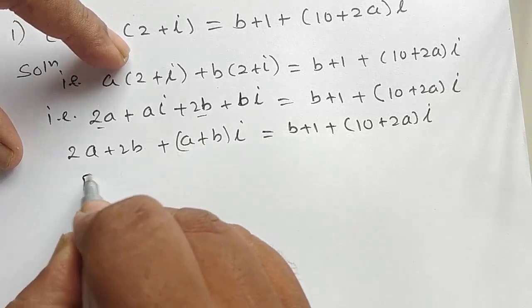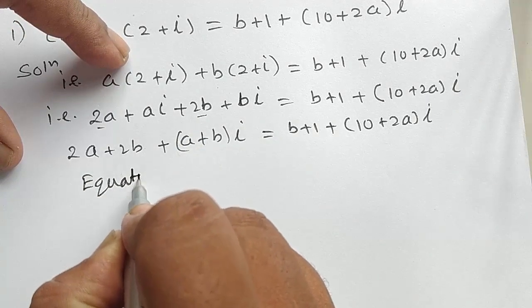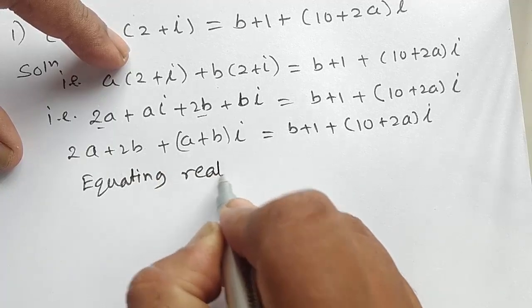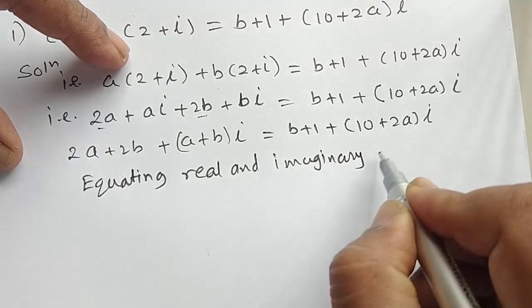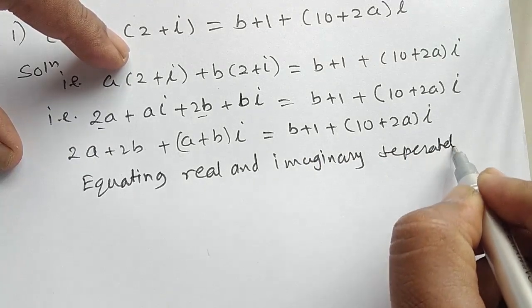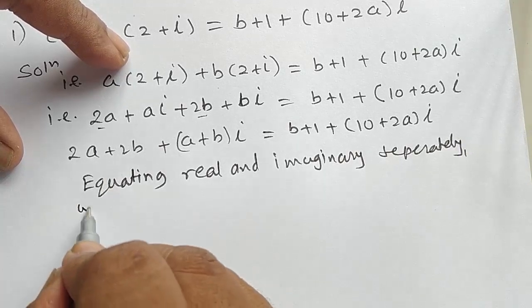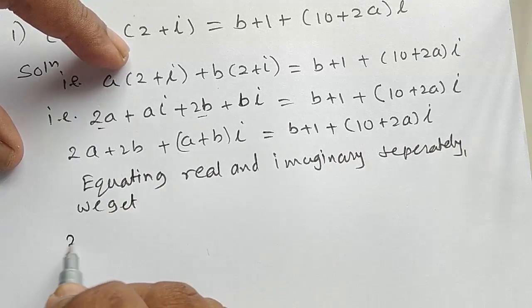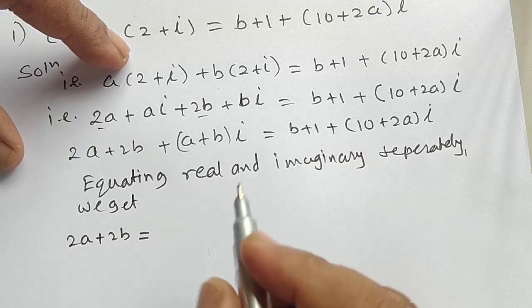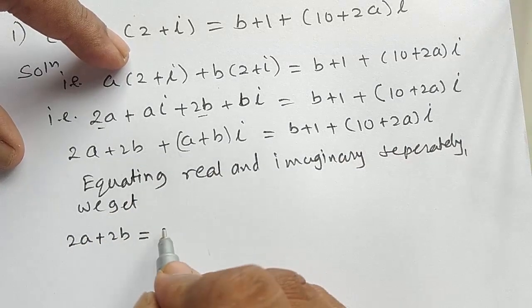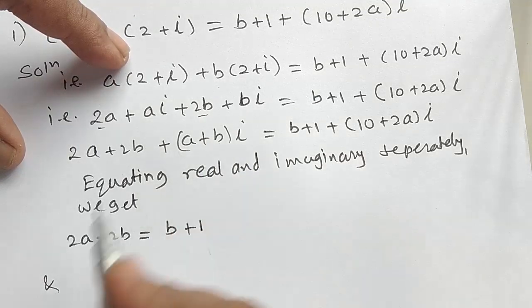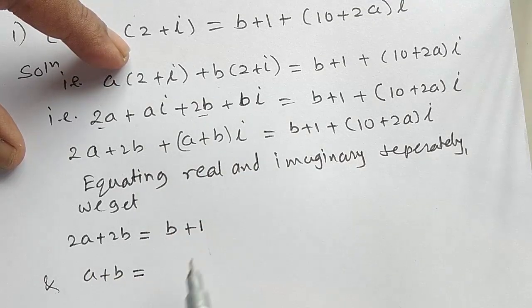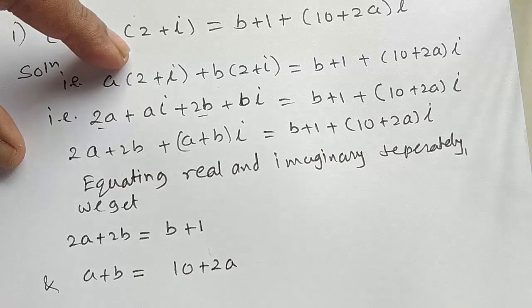So, equating real and imaginary parts separately, we get twice a plus twice b is equal to b plus 1, and a plus b is equal to 10 plus twice a.